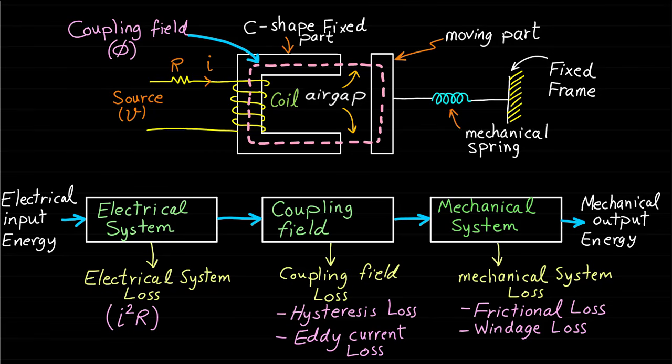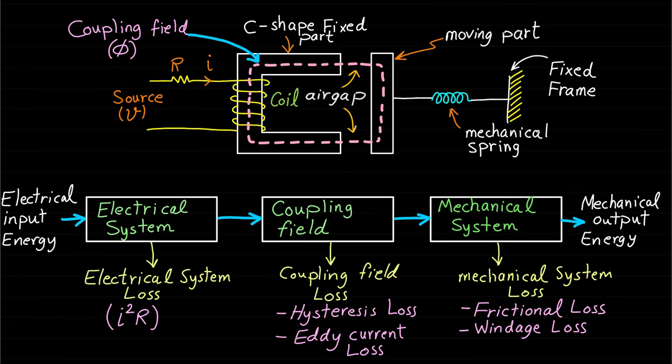Since there is no ideal magnetic material, the hysteresis loss will always be there. Also, we will see later that the magnetic core will experience changes in magnetic field during the process of electromechanical energy conversion. Therefore, eddy current loss will be produced and will always be there.